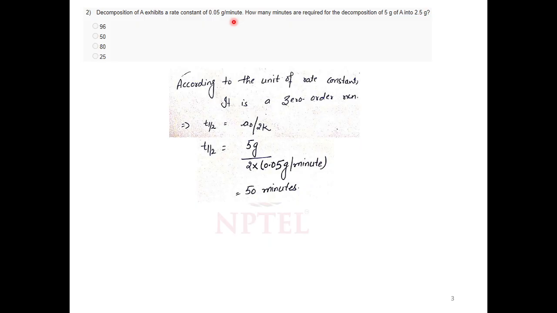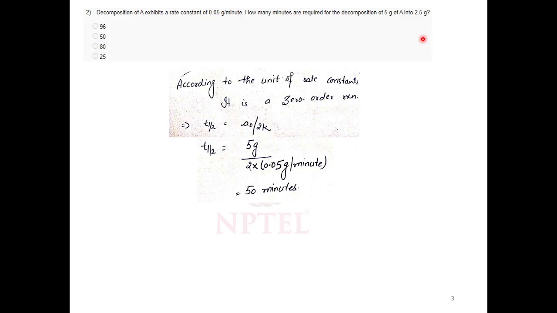that means the time required for the half decomposition of the system, and this is 0.5 gram per minute, and how many minutes are required to decompose 5 gram of A into 2.5. So this is basically the concentration becoming half of the initial concentration.